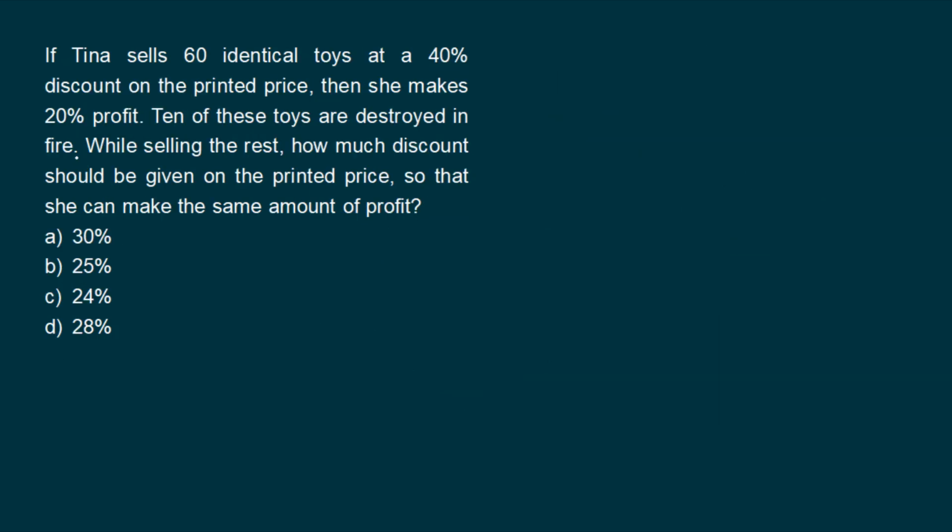Option B. If Tina sells 60 identical toys at a 40% discount on printed price or marked price, then she makes a profit of 20%. I'll stop here. I'll use my rule 3 to actually find out how much is the marked up price.